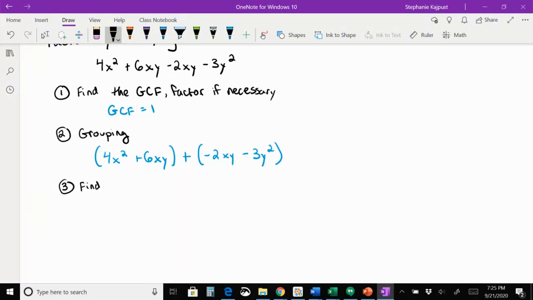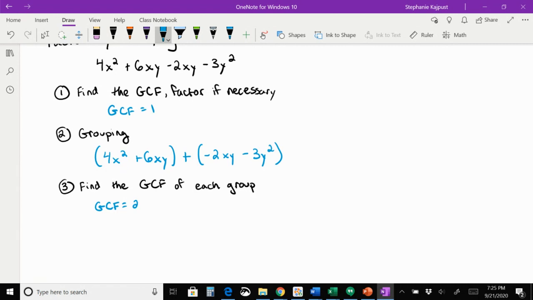And then what you do is you find the GCF of each group. So we're going to have 2 different greatest common factors because we've got 2 different groups. They're not going to match. So for the first pair, I'm only looking for a number that I can divide into 4 and 6.